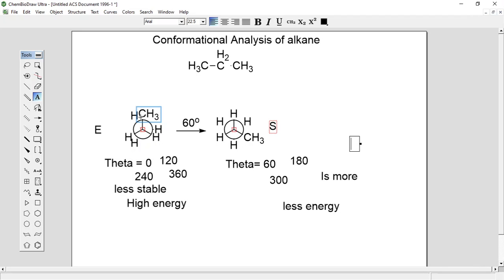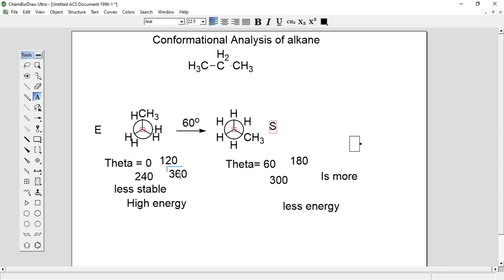So propane has basically two conformations, that is eclipse conformation and staggered conformation. We get eclipse conformation when the dihedral angle is 0, 120, 240 and 360.